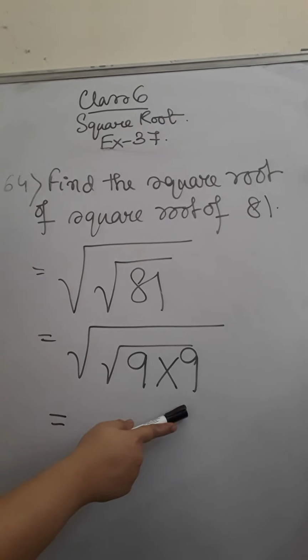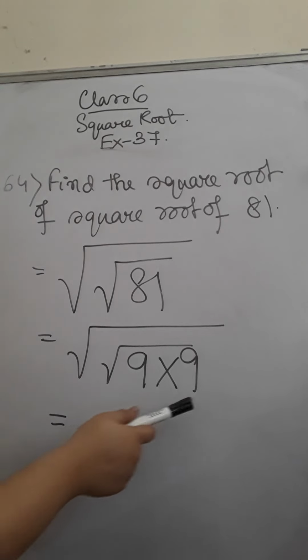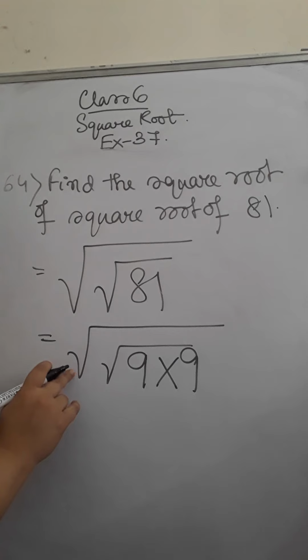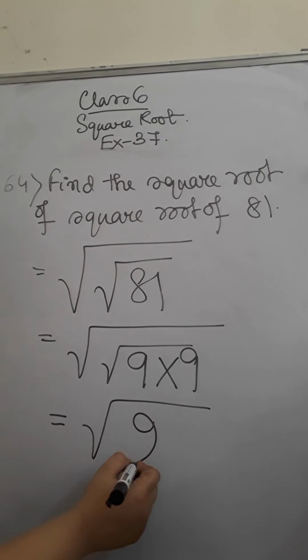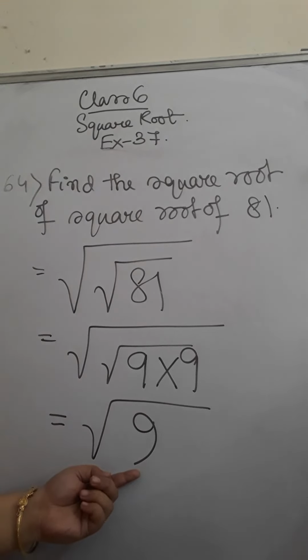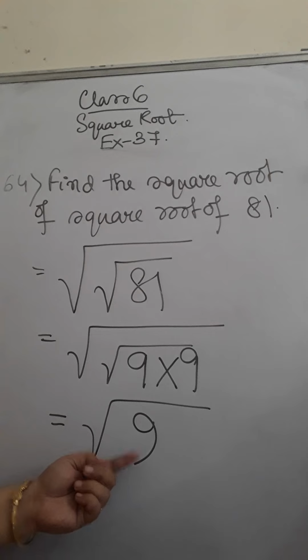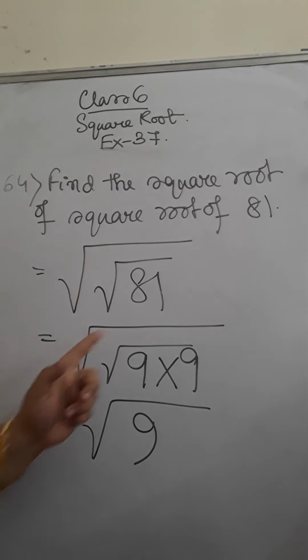If I take out of the two similar numbers only one number, I can remove out of the inside square root. But the outside square root will still remain. So the answer of the inner square root is 9, and we are not giving the square root sign, but the outside square root is still remaining.